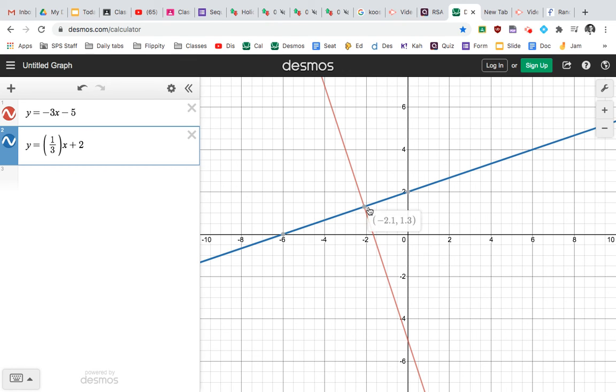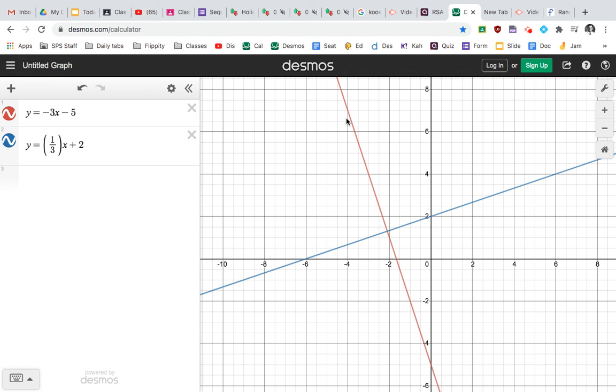So you can see it's perpendicular, and the new one we just found should go through -3, 4. If I look, it goes right there. Sorry, I did that last time too. -3, 4. So that works.